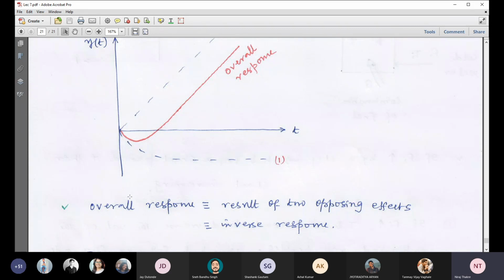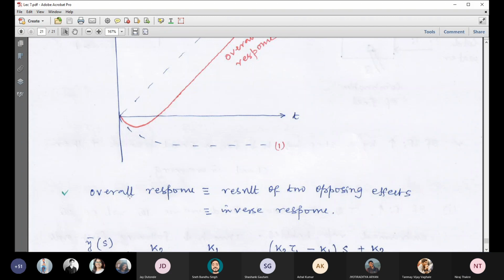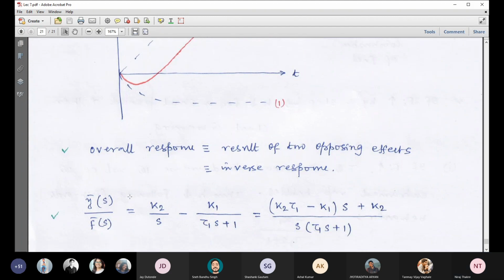Now the question is, what is the condition for this inverse response? How can you know that a transfer function is going to respond like this? Answer is here. Based on the block diagram, we can write this overall transfer function.